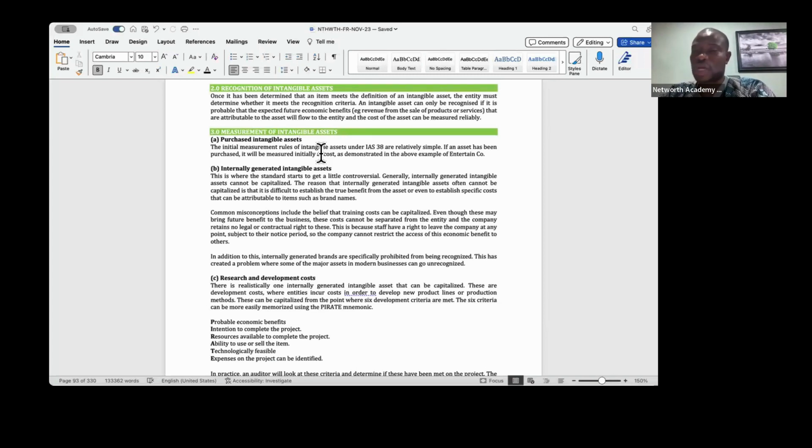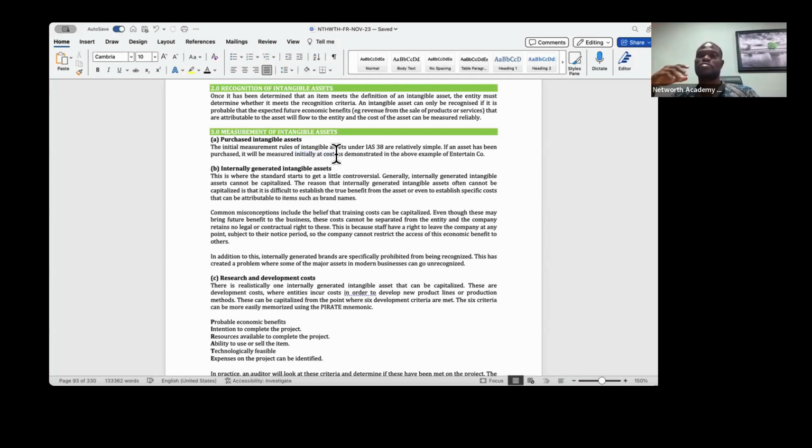Everything I taught you under PPE, as far as measurement, both initial measurement and subsequent measurement is concerned, is the same for purchased intangible assets.